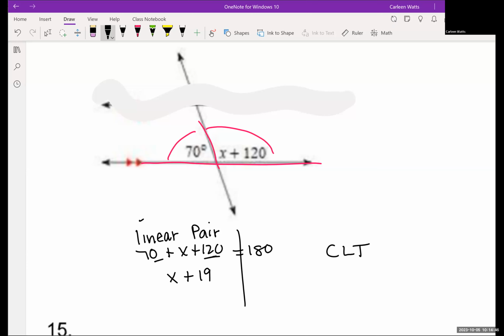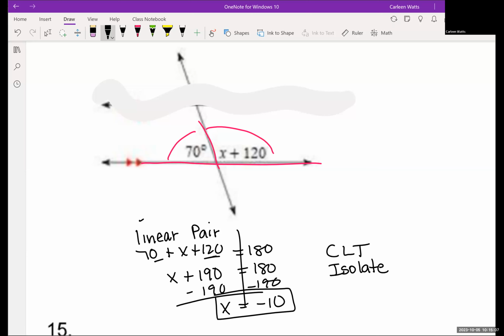X plus 190 is equal to 180. And the next step is isolate. Minus 190. X is equal to negative 10.